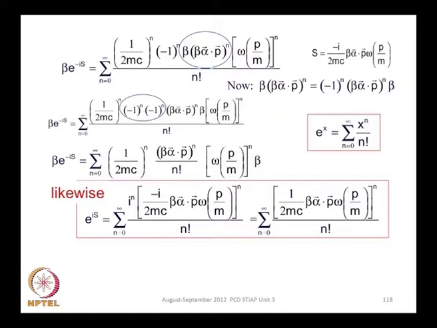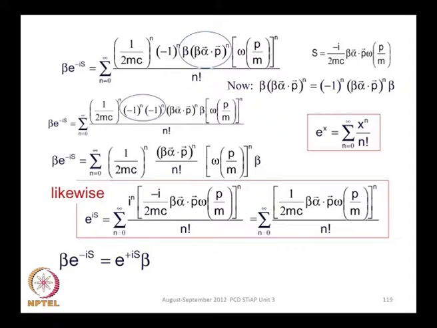So you have e to the i s which has this form, you use exactly the same reasoning, and if you look at these two forms you find that if you multiply this expression on the right by beta, then you find that beta e to the minus i s is equal to e to the plus i s beta.